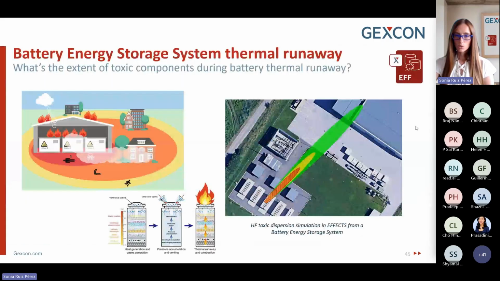Just to see a few relevant examples, with the latest version of EFFECTS and RISKCURVES, which was released in September this year, we now offer a model for simulating thermal runaway events in battery energy storage systems. So this model can calculate the release of toxic gases from battery energy storage systems, offering critical insights into the risks and safety measures required.